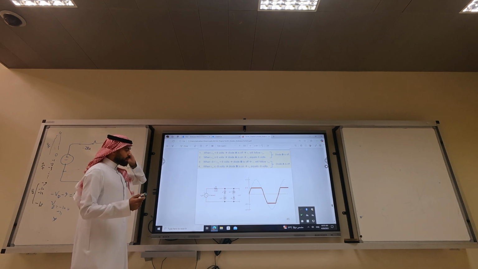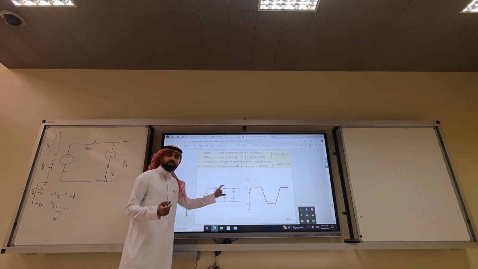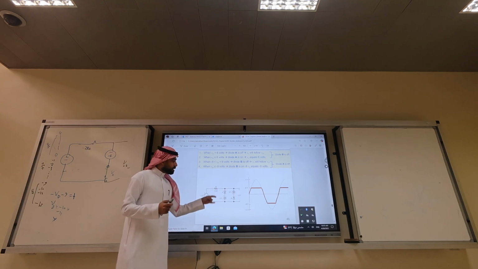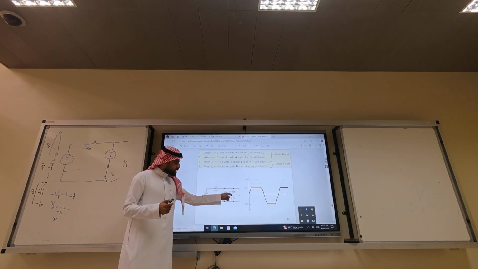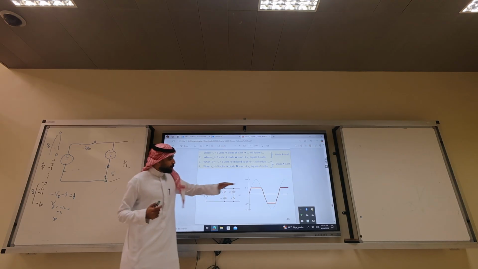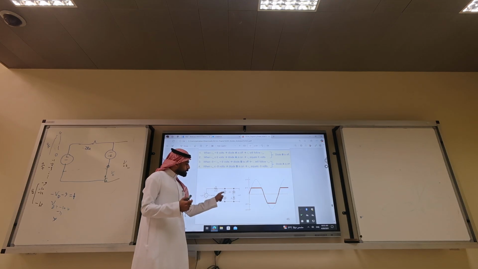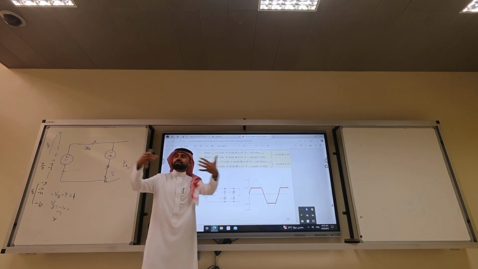Okay, another game. What if I combine both of them in parallel? What if I combine 6 with diode A and minus 9 battery with diode B? I will clip both sides. One time this will be on and short circuit, the other time this will be off. So I combine both curves together.